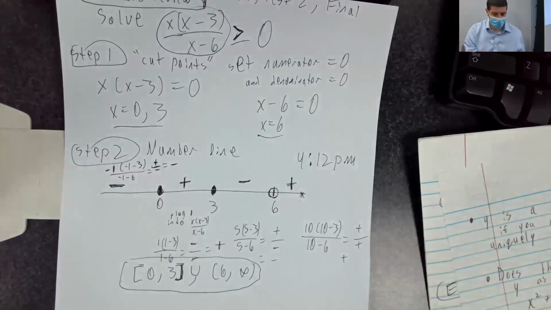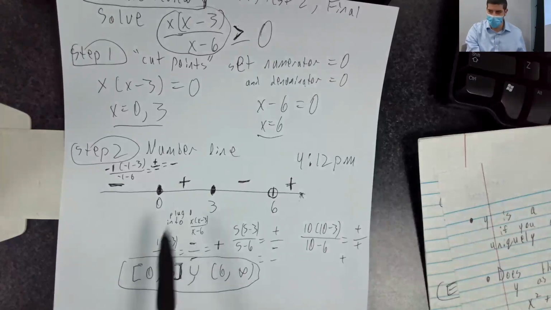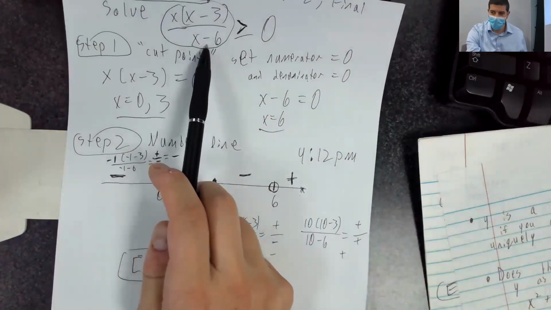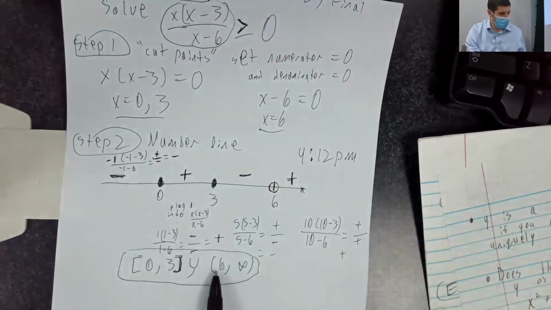It'll just be 0. So that'll usually mean brackets when it's coming from the numerator. And the denominator, because it's undefined when it's 0, will usually end up with parentheses. But it does depend on the problem.